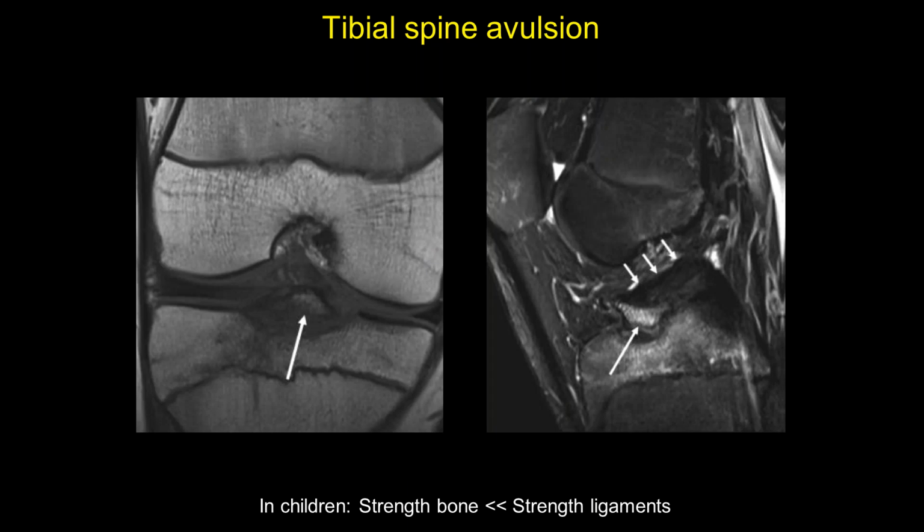So we have an avulsion of the tibial spine. There is some surrounding bone marrow edema, and when we have a look at the ACL, we can see that this is perfect. It is just intact, whereas of course in adults very often we would see it the other way around, with an ACL tear first.